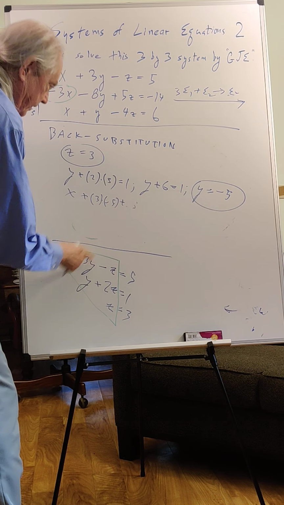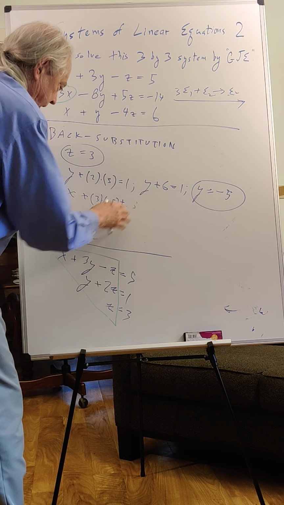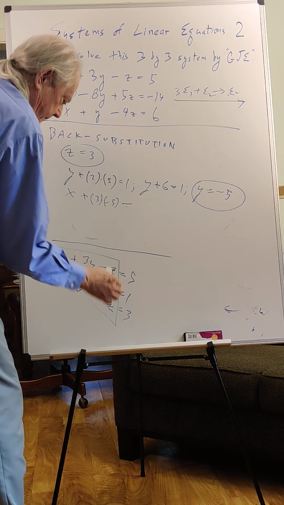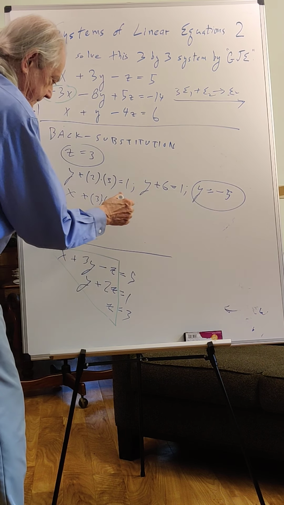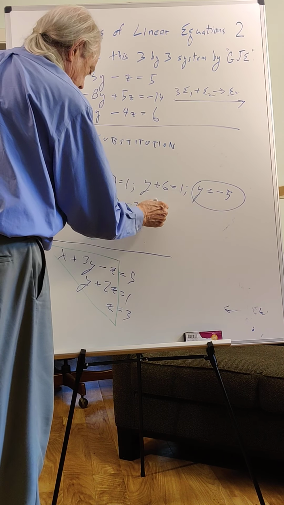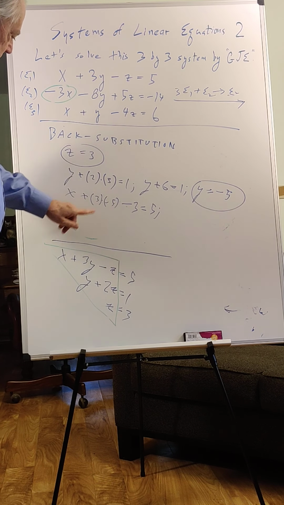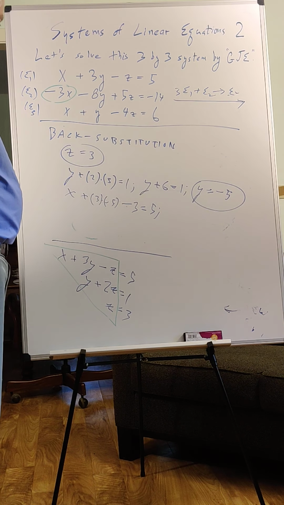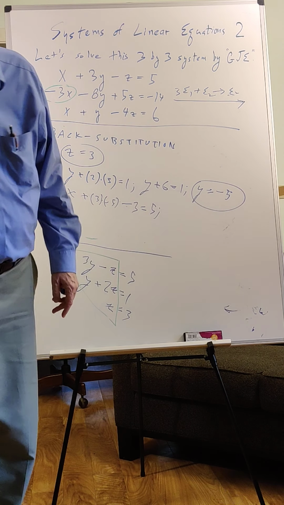x plus 3 times negative 5 minus, I was looking in the wrong place there. So z is 3, is 5. So 3 times negative 5 is negative 15. So negative 15 minus 3 is negative 18.